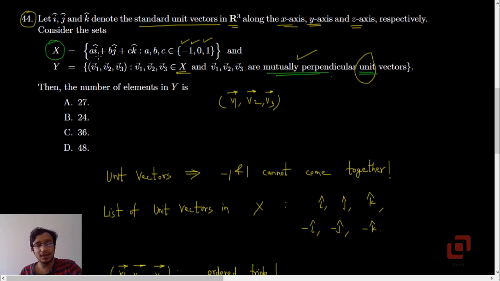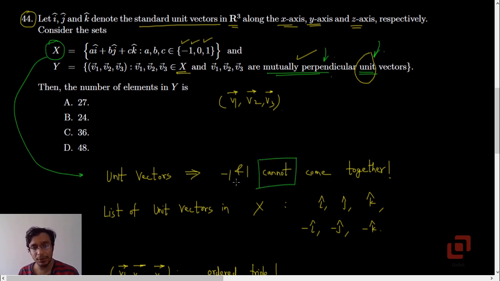Set X says that it contains elements ai plus bj plus ck, where a, b, c belong to the set {-1, 0, 1}. Now we want only those vectors from X which are unit vectors. That is the first condition, and then we will talk about mutually perpendicular vectors. So if we want to extract only unit vectors from the set X, then -1 and 1 cannot come together.